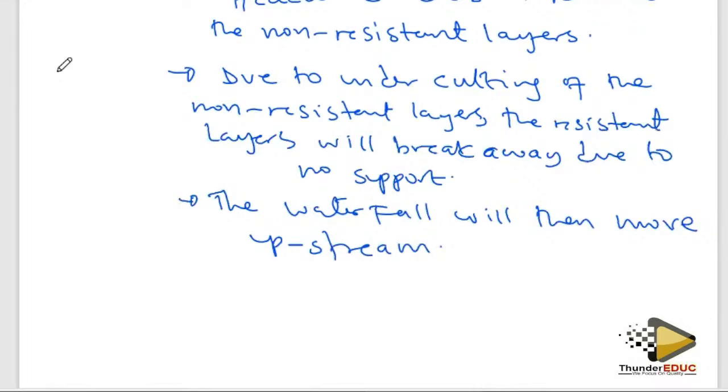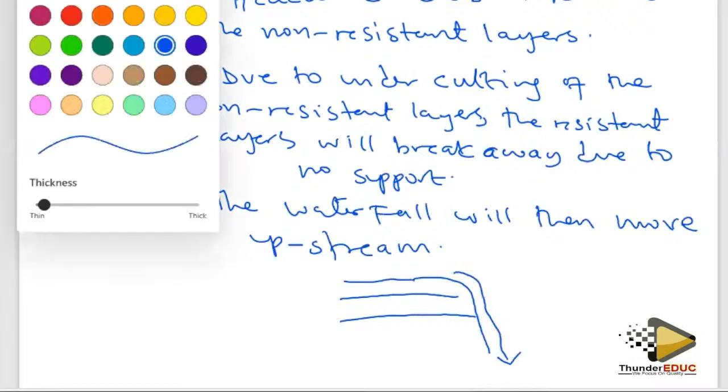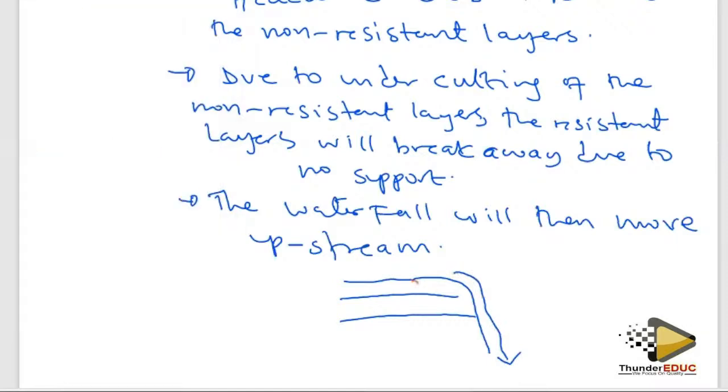So basically, let's use this example here. This is our waterfall. And now the question is asking, why is the waterfall going to extend to this point here? Because it used to be at point A, but it has now moved upstream to point B. What is causing this?